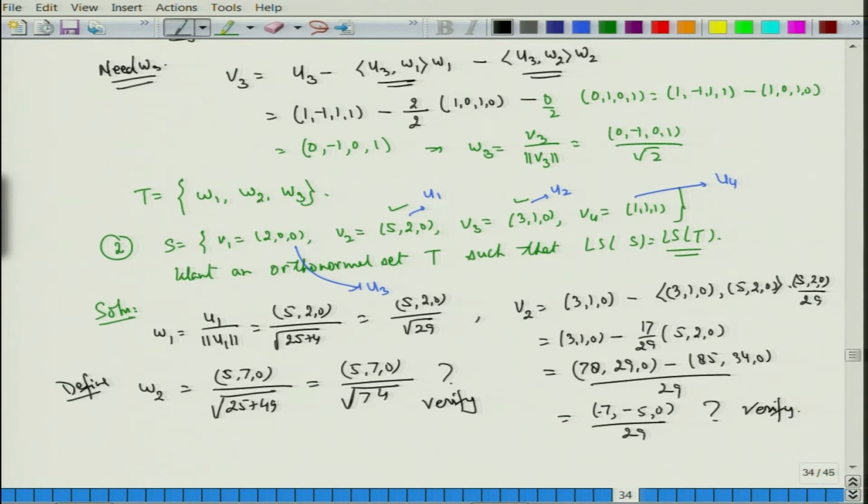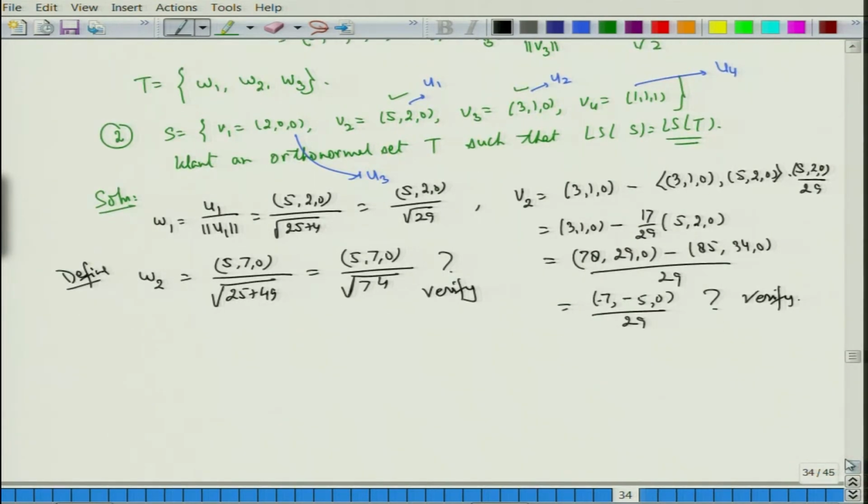So you can define W1 and W2, do it yourself. Now let's look at V3. V3 is U3 minus (U3 dot W1) W1 minus (U3 dot W2) W2. Fine. I am claiming that this is 0.